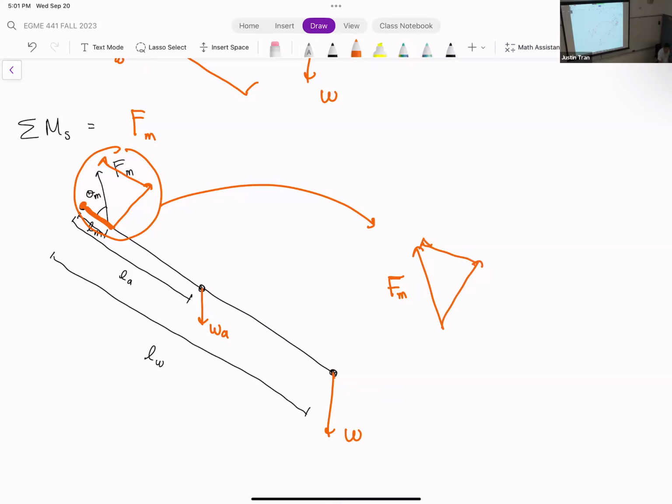And a direction that's parallel to this. This component right here is perpendicular to the arm. And this component right here is parallel. This angle right here is theta.